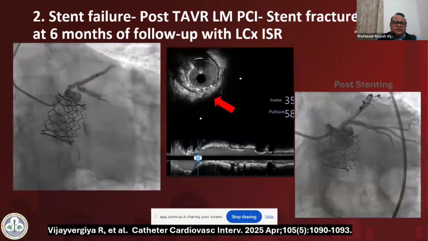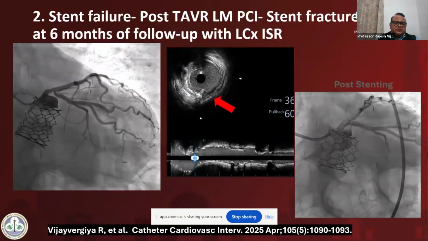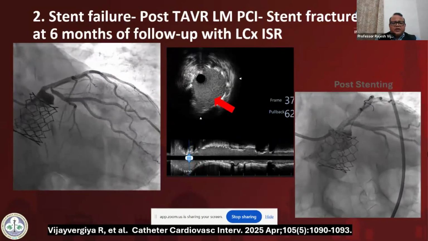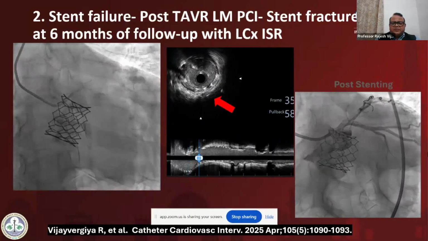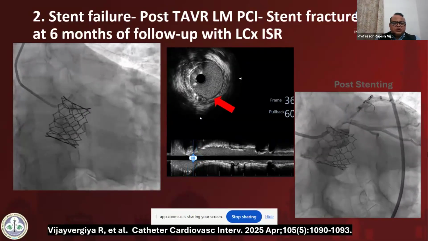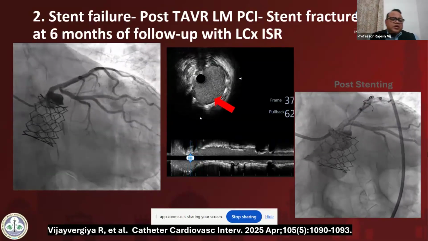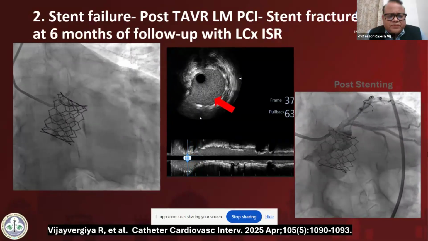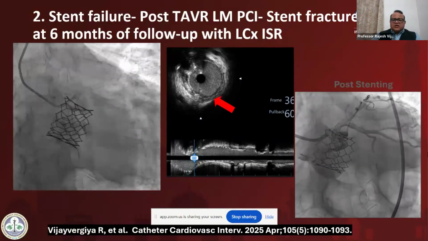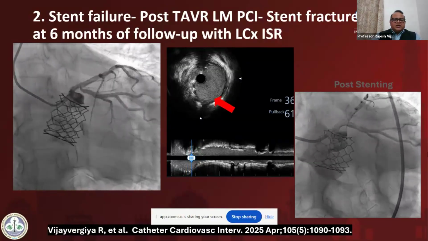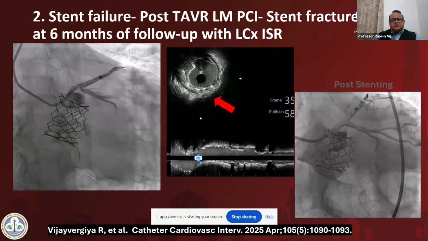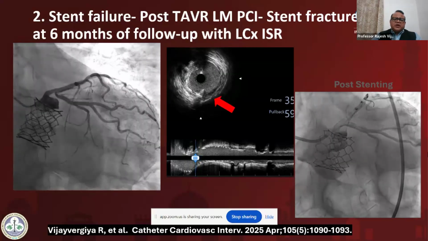At 6 months of follow-up, there was an instent restenosis of the ostium of the LCX, otherwise the LAD was flowing well, and therefore we went ahead with intravascular image-guided PCI. Here, to our surprise, this is the left main stent which is protruding into the aorta as well, as you are supposed to have a so-called chimney stent following the tower to extend the stent proximally, and we had a stent fracture across the left main bifurcation, which could be nicely demonstrated in this IVUS run from left main to LAD.